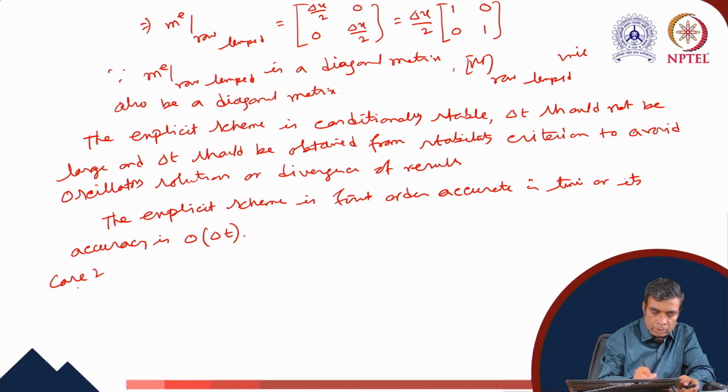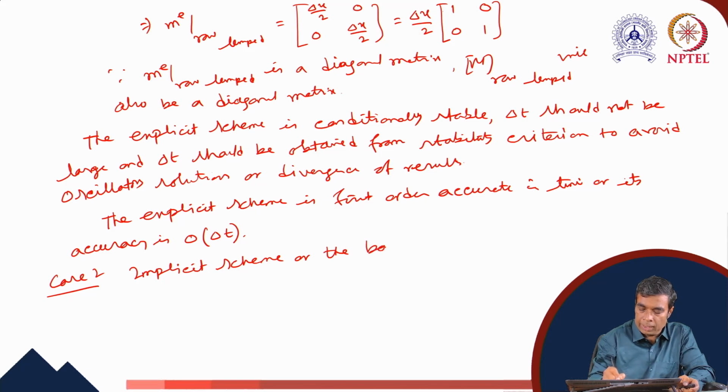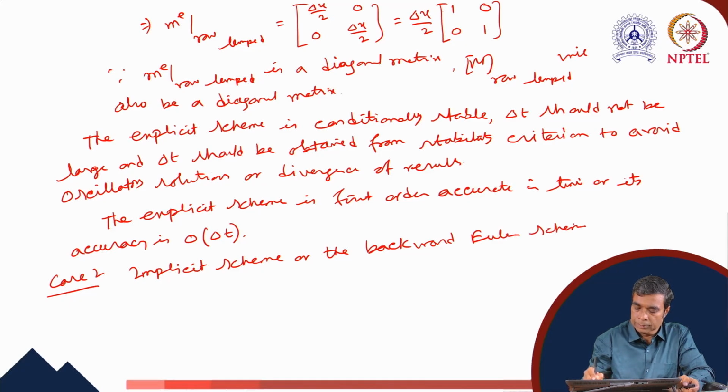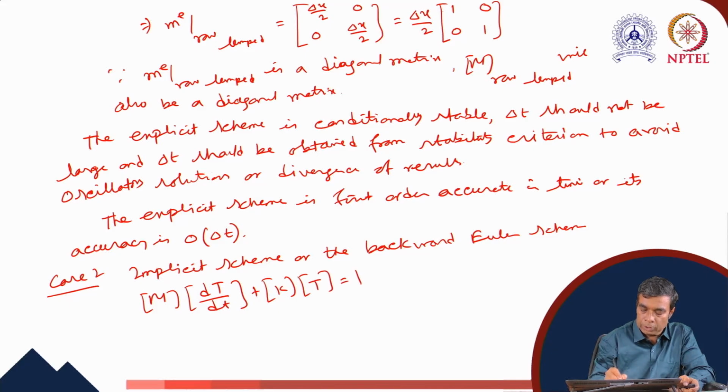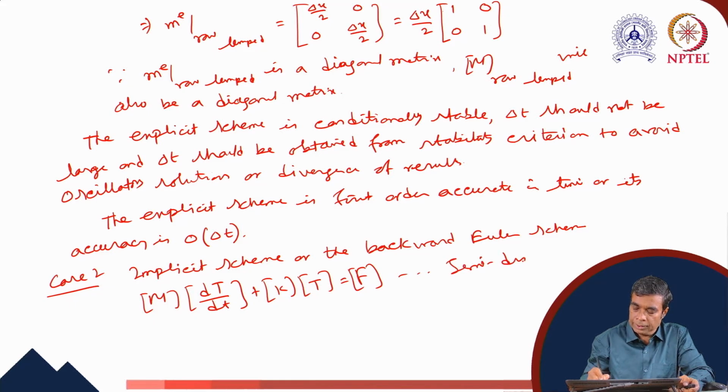So case 2, implicit scheme or the backward Euler scheme. Our assembled equation is M dT/dt plus KT equals to F. This is semi-discrete assembled equation.